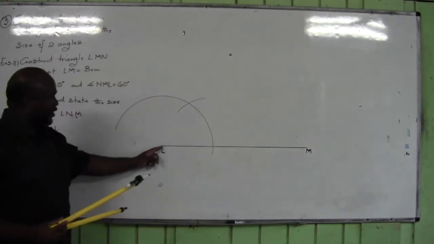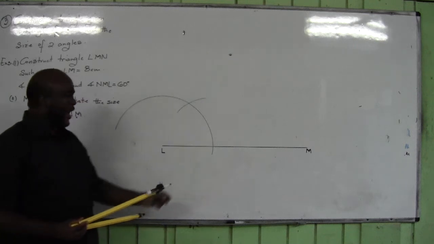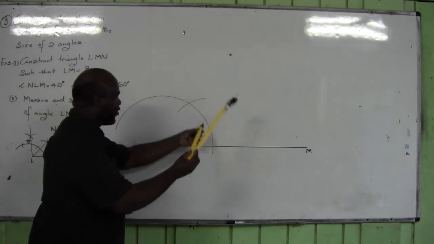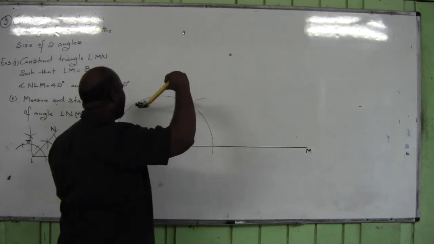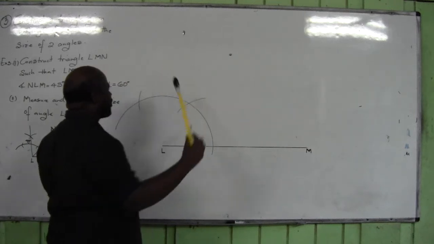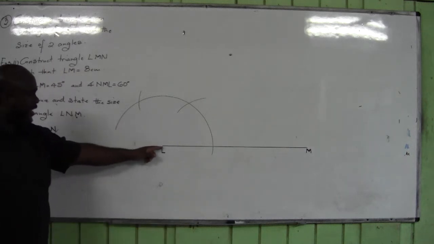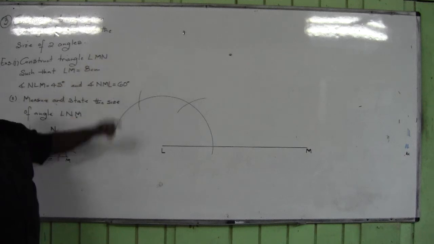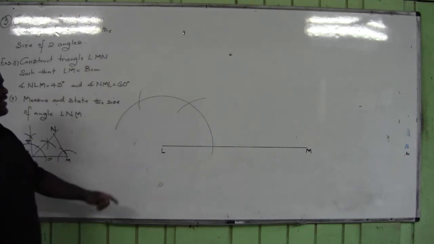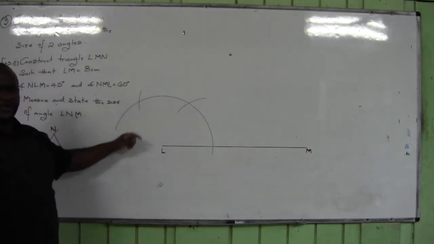A line from L through here will give me 60 degrees. I move the metal tip up, put it here at 60, and I scribe a third arc to cut the first arc. A line from L through here will give me 120 degrees. 90 is in the dead middle between 60 and 120.